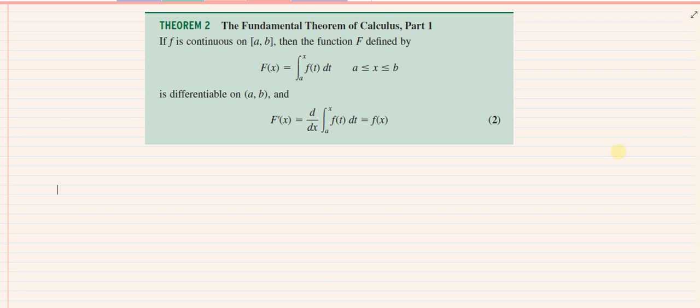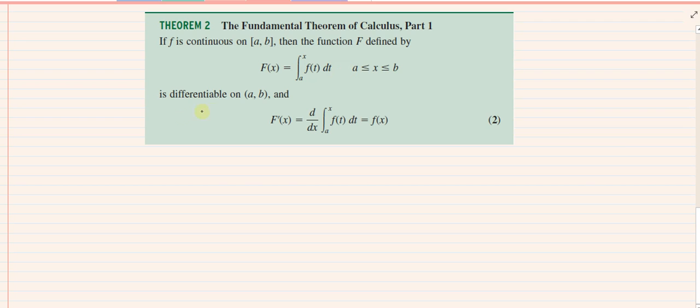So the theorem goes, if the function f is continuous on a closed interval, then the function capital F, defined like this, is how the function is defined on that closed interval.